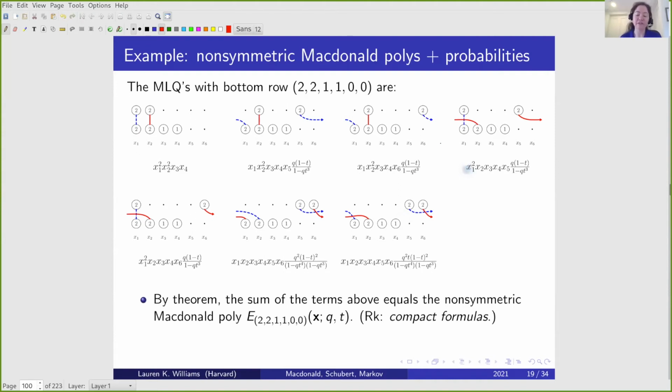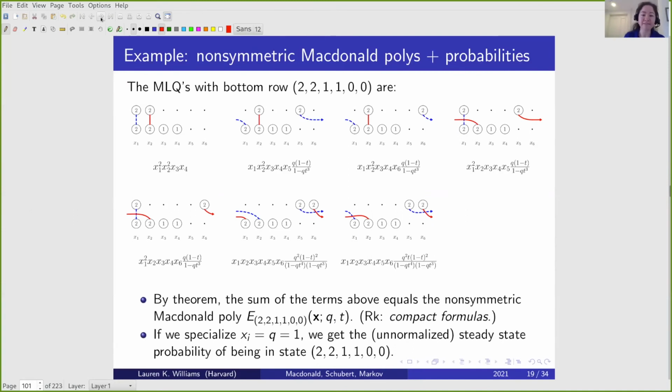I don't have it on this slide, but if you use their formula to understand the corresponding Macdonald polynomial in this example, they have, I don't know, 9 terms instead of 7. So in general, our formulas are shorter and a little bit simpler than theirs.